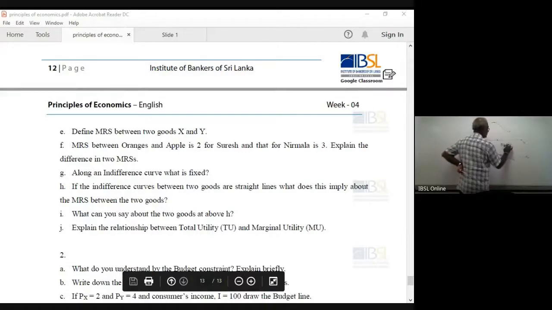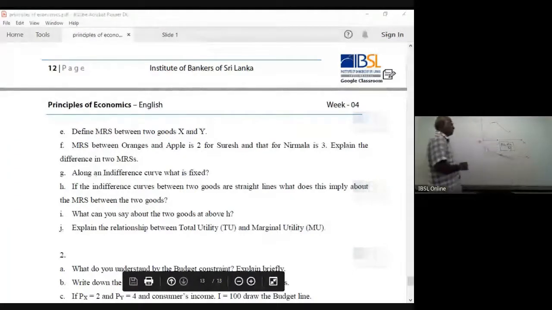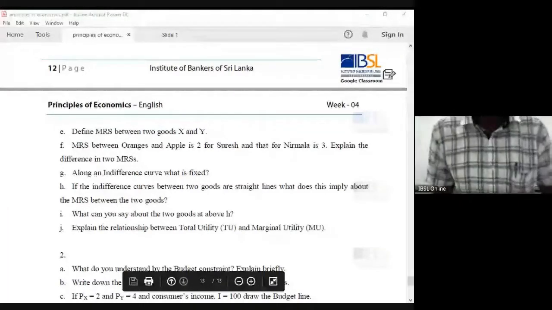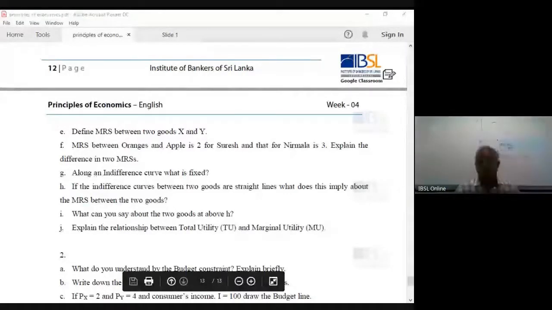Change in total utility divided by change in quantity. That is right.